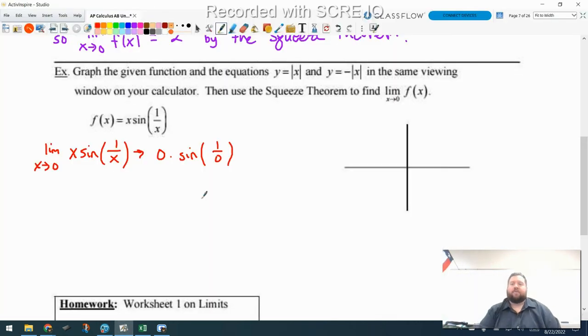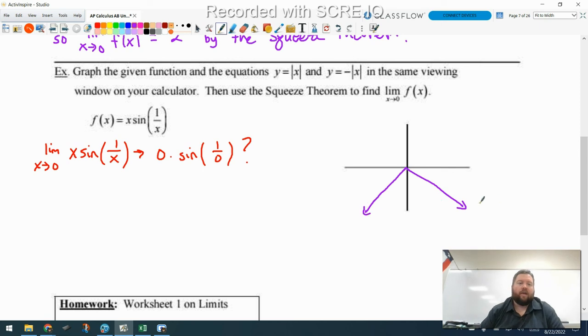Let's go back to our notes and write out our problem. I'm just going to put a question mark there. The function on the bottom, let's draw it out here. We have this y equals negative absolute value of x, and then we have this y equals absolute value of x.